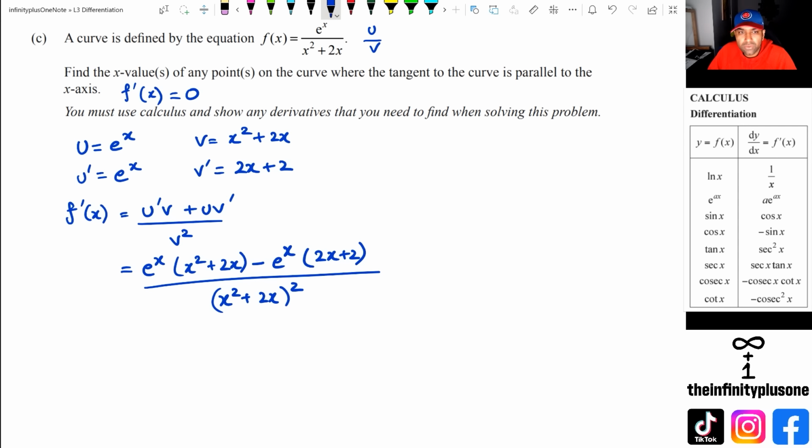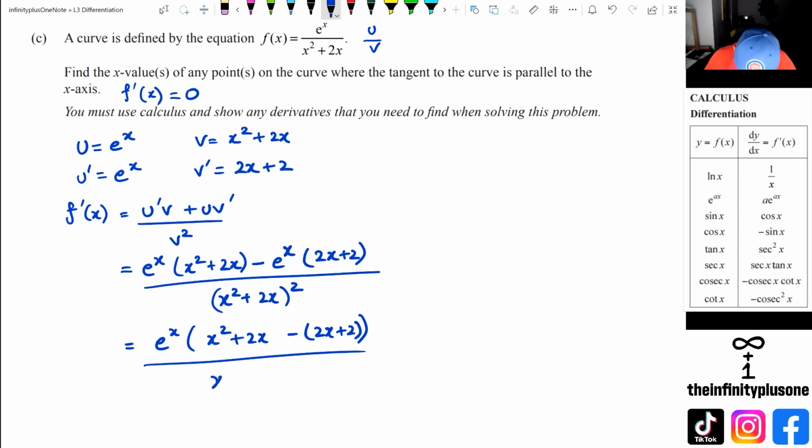Now we want to actually figure out when this gradient is equal to 0. So all we're going to do is substitute 0. But before we do that, let's simplify things here. I've got e to the power of x as a common factor. So if I take out e to the power of x, I'm going to get x squared plus 2x minus 2x plus 2, and the whole thing is divided by x squared plus 2x, all squared.